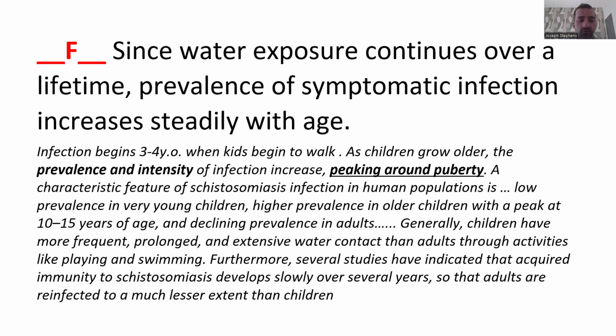All right, true or false, since water exposure continues over a lifetime, prevalence of symptomatic infection increases steadily with age, and this is actually false. Symptomatic infection probably peaks around puberty, and this is probably due to the fact that children have more frequent, prolonged, and extensive water contact than adults through activities like playing and swimming.